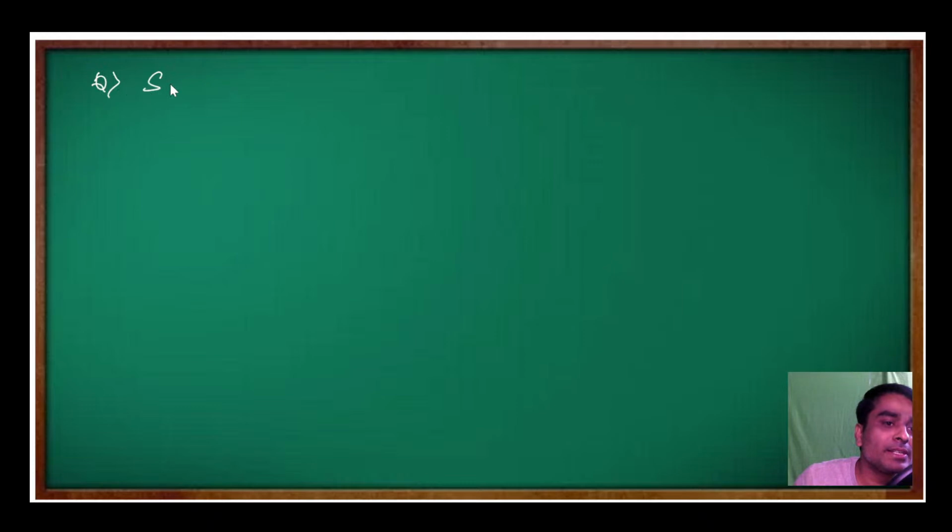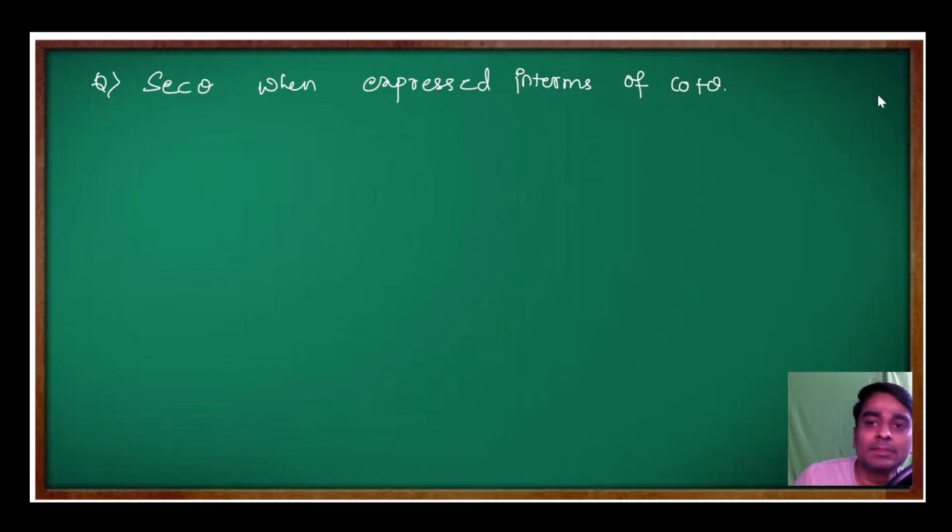Sec theta when expressed in terms of cot theta equals what? We know one formula: secant square theta is equal to 1 plus tan square theta.